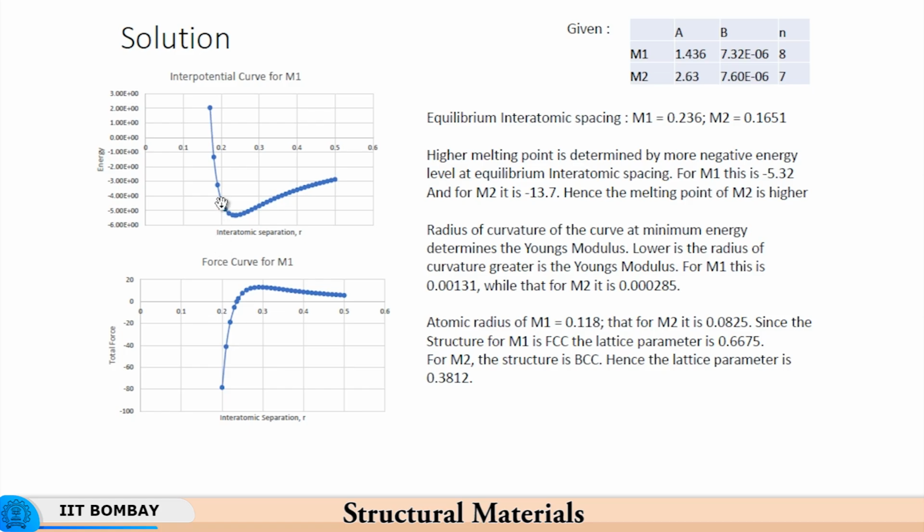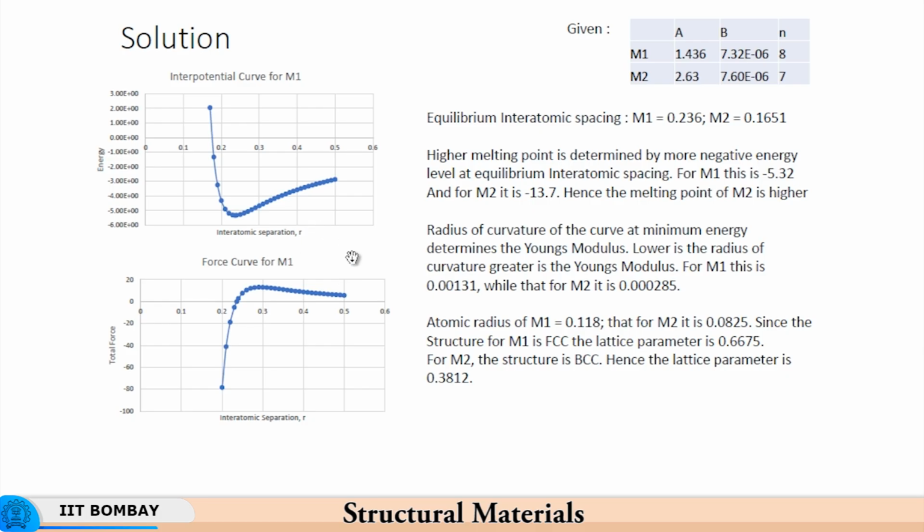And then the radius of curvature at this equilibrium position also defines the Young's modulus. So the Young's modulus in case of M2 again is higher compared to M1 because the radius of curvature is much smaller as compared to the radius of curvature in M1.